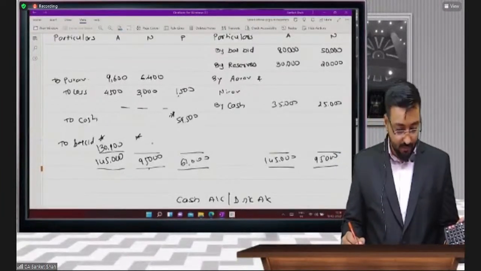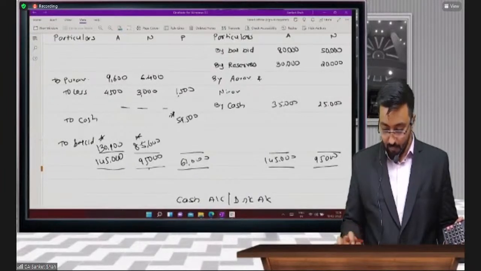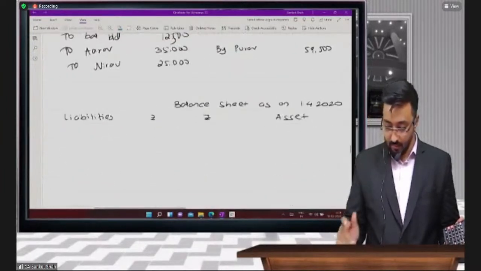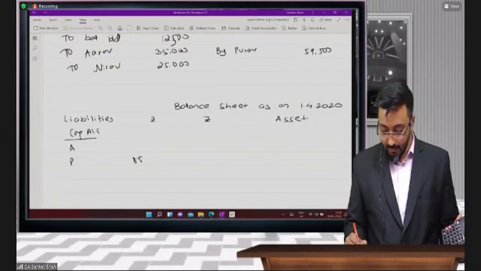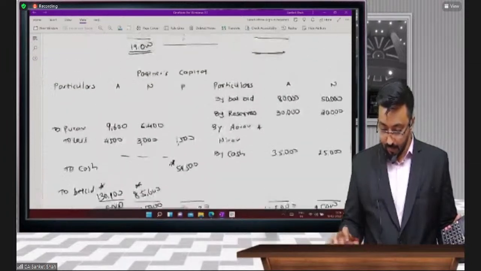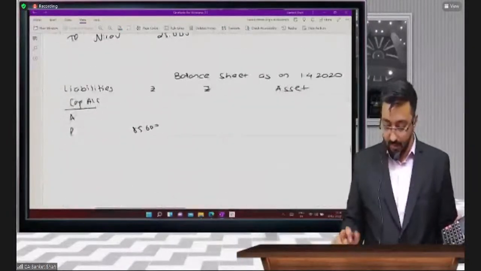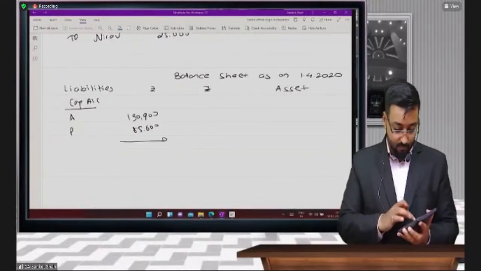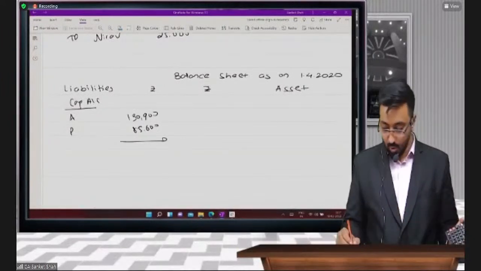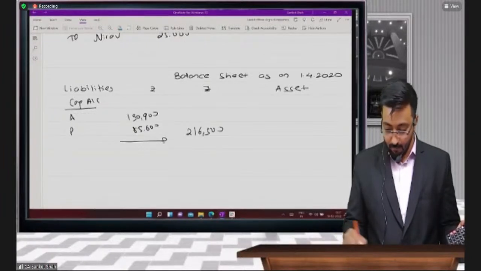So 85,600. 85,600 capital accounts, Arav Nirav, 85,600 and his capital is 139,000. So total 216.5. Correct hai beta?